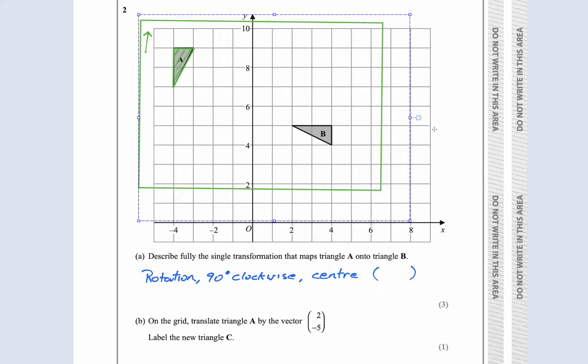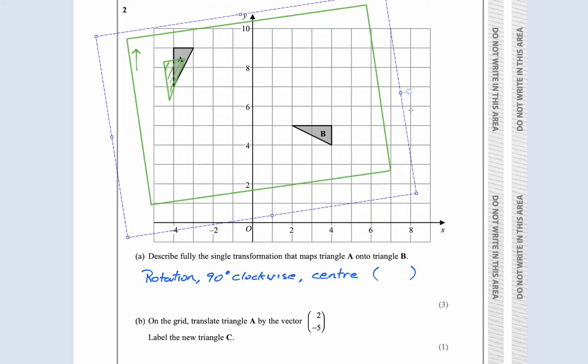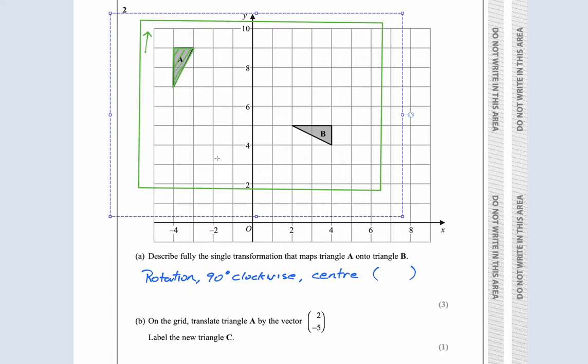Now it's going to be somewhere. Let me just do this again. It is going to be somewhere over here, somewhere down here. Exactly where, I'm not sure yet, but you can do it with trial and error. So imagine you put your pen in here.